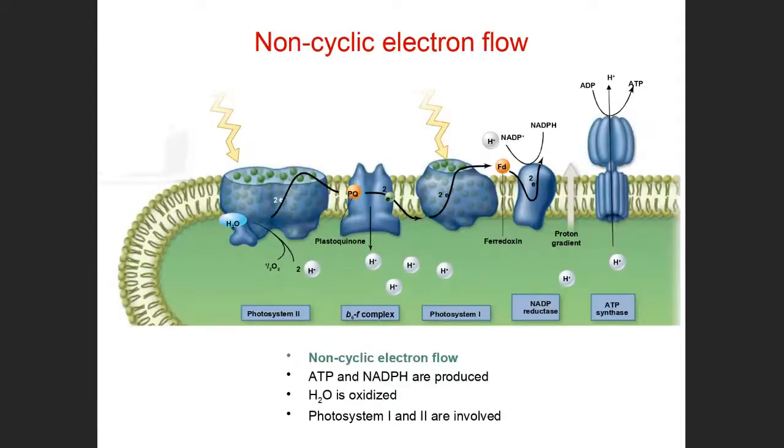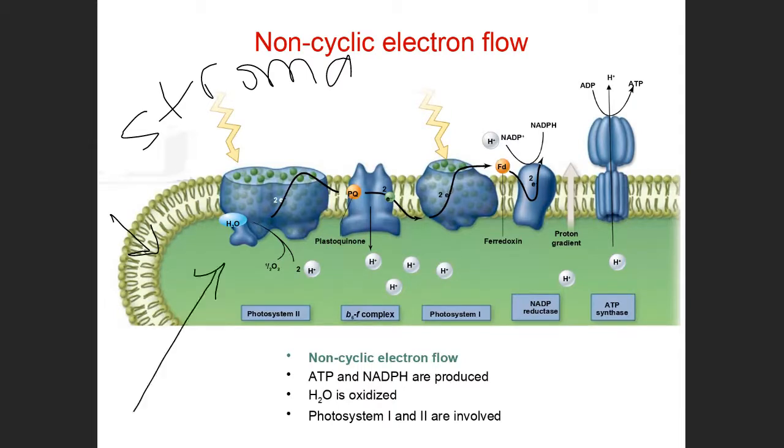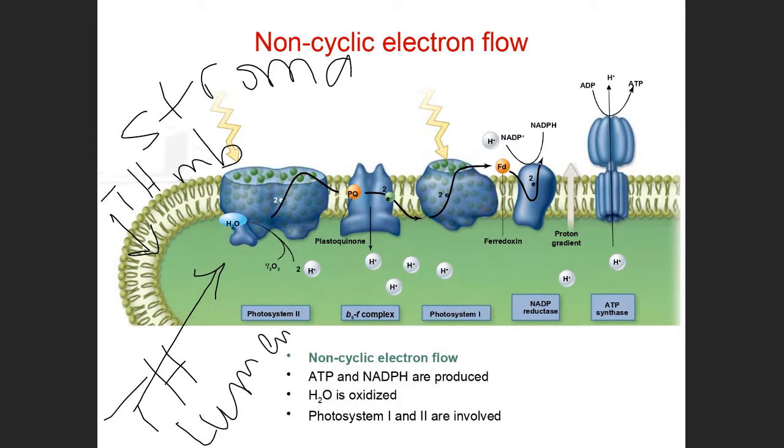So now when I'm looking at this slide, I'm going to define where I am first. Well, okay. Dr. Carbo just explained it to me. Here is my stroma. I have to understand where I am. And this is the thylakoid membrane, and this is the thylakoid space, the thylakoid lumen. All right.